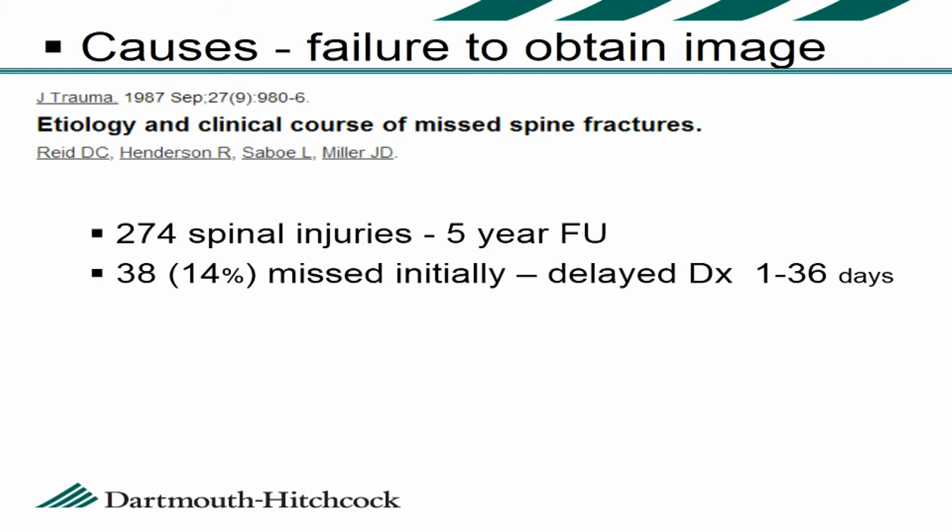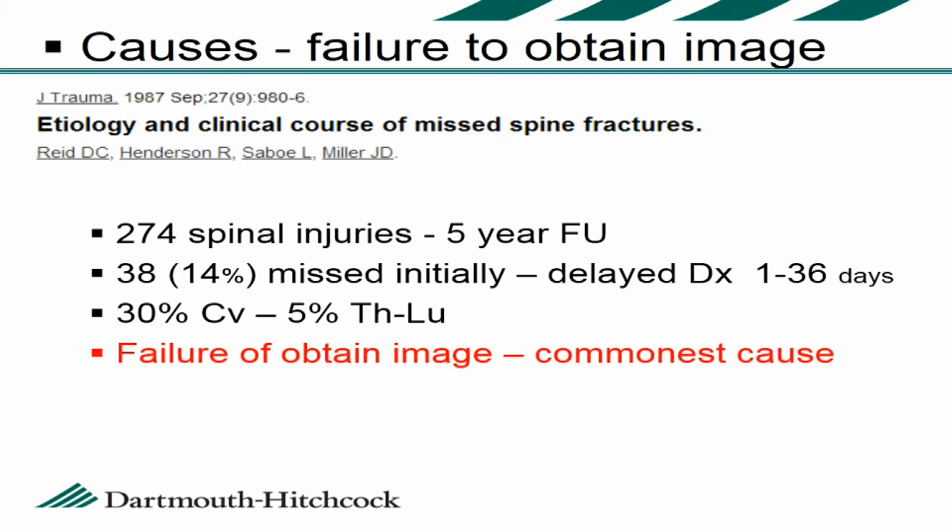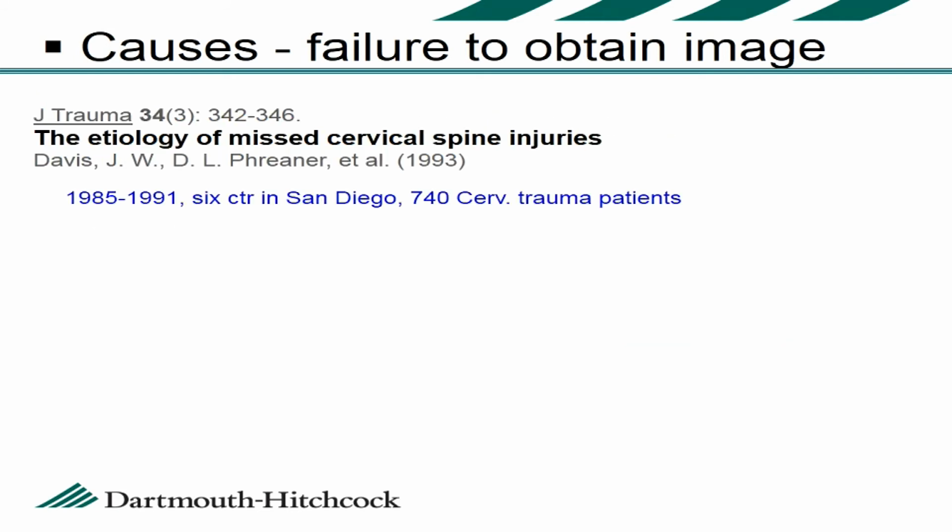Those are the 3 ways. Now, how often does that happen? In this paper, they found 274 injuries in 5 years. They found 14%, or 38, were missed injuries initially that were recognized later on, with 30% cervical and 5% thoracolumbar, like in our previous experience.